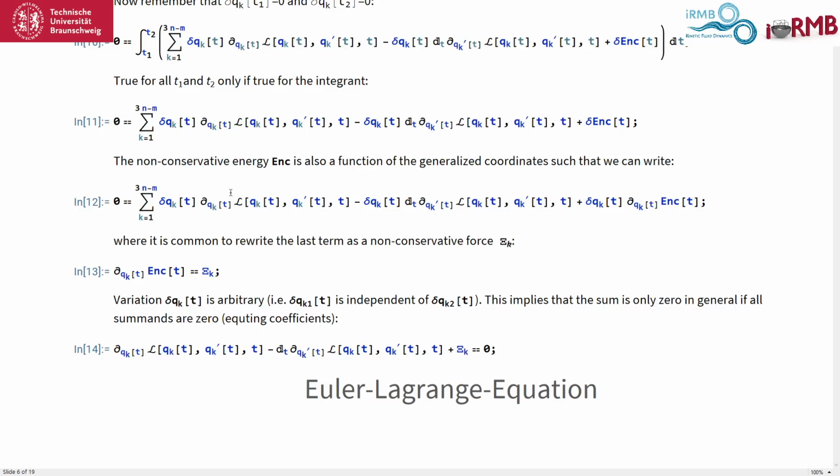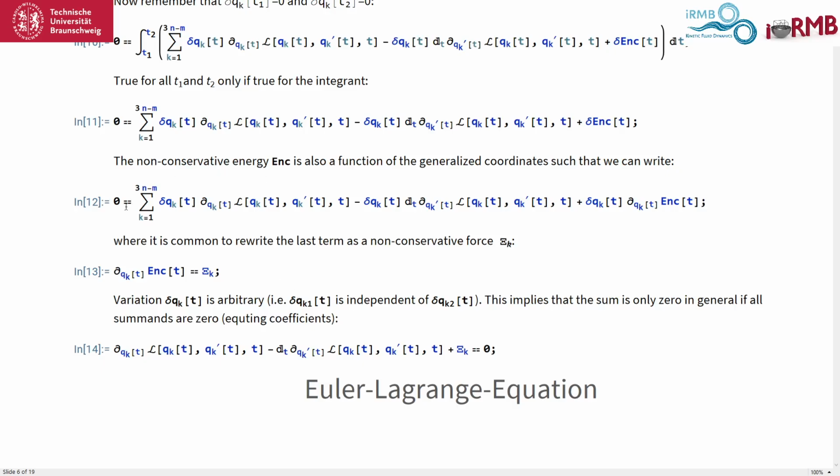Now again, we use the idea of equating coefficients. We say there is a variation, infinitesimally small, but arbitrary, which means that these variations of the different coordinates are all independent of each other.